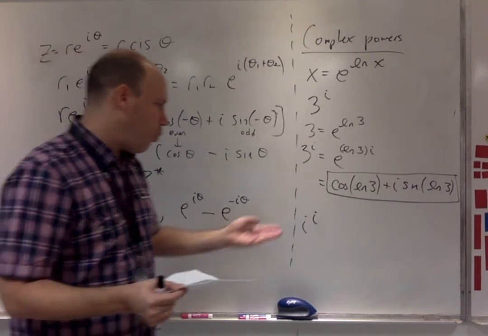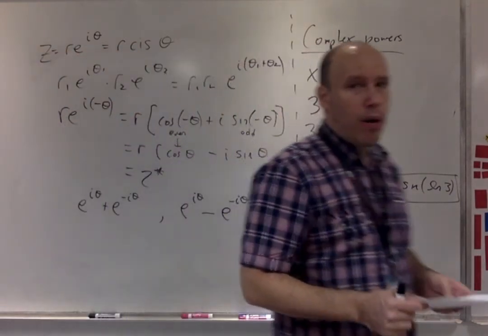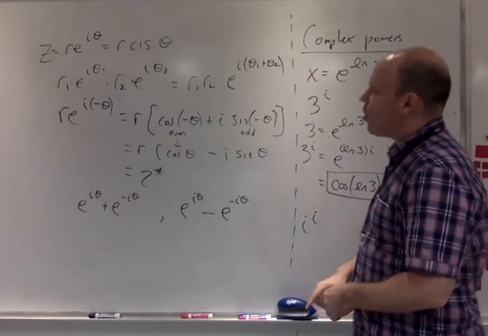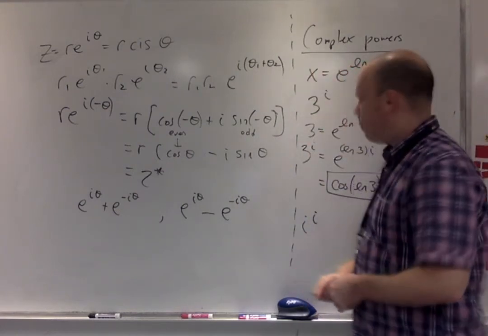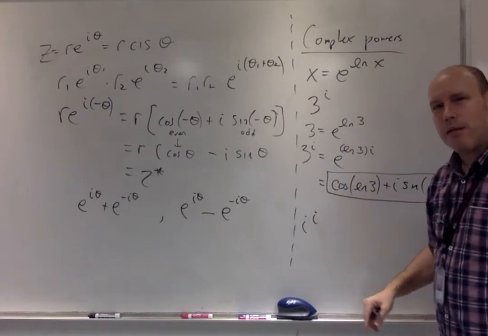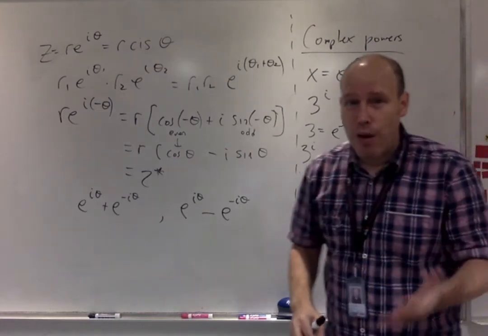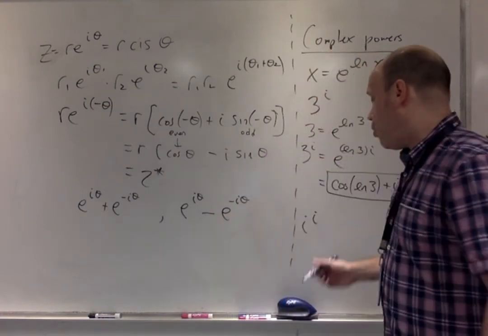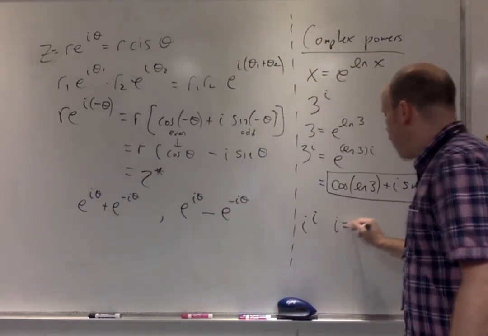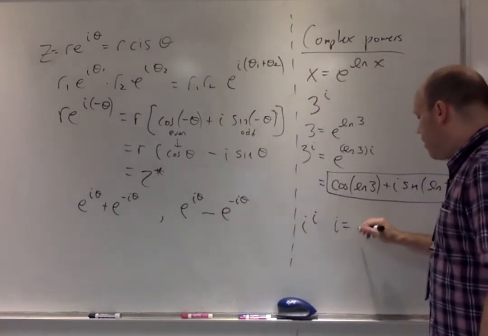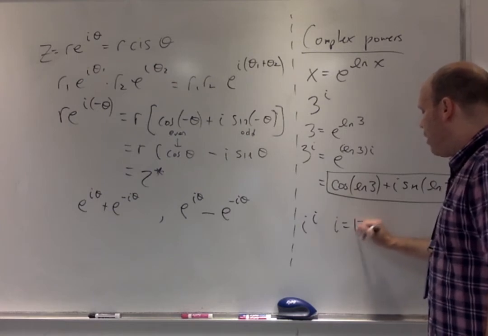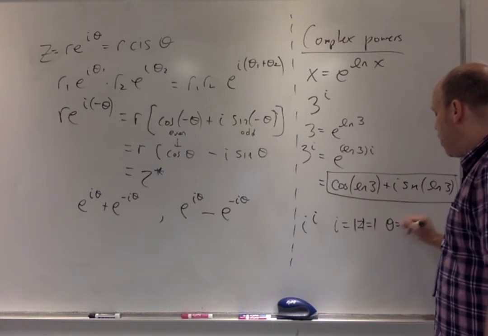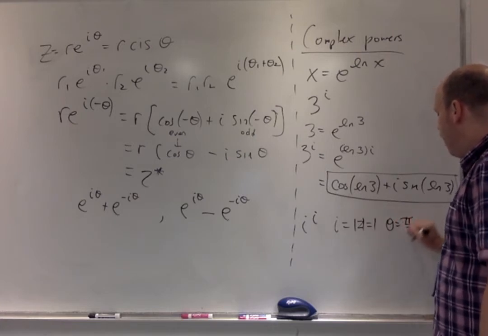Well, first of all, what is i? I want to use Euler's equation here. What is i? Well, I've been training you. How do we get to i? You say, you know what? i is actually, the modulus is 1, and the argument is 90.